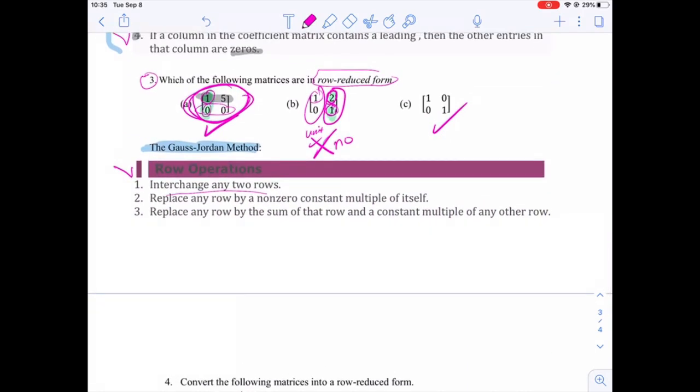The second thing, we replace any row by a non-zero constant multiple of itself. So we can multiply any row by a non-zero number, like 2, and replace it by itself, and that's fine.